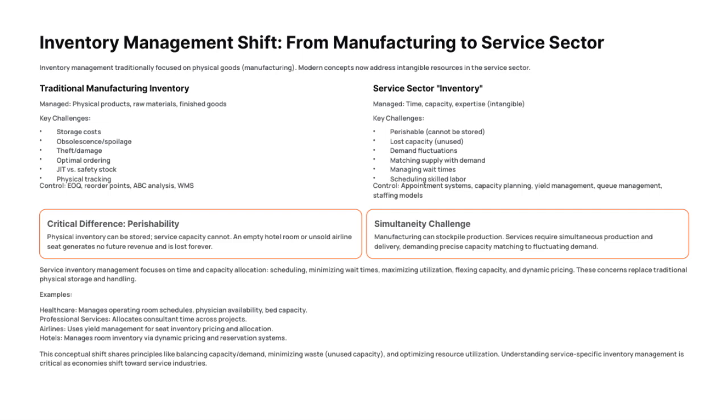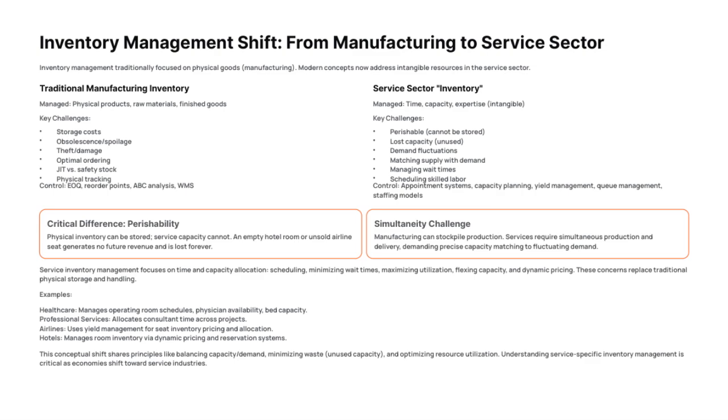The key point here is that service inventory management focuses on time and capacity allocation: scheduling appointments, minimizing wait times, maximizing utilization, flexing capacity, and employing dynamic pricing strategies. These concerns replace the traditional focus on physical storage and handling.